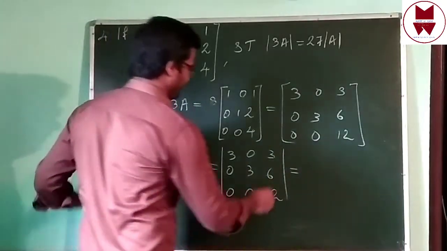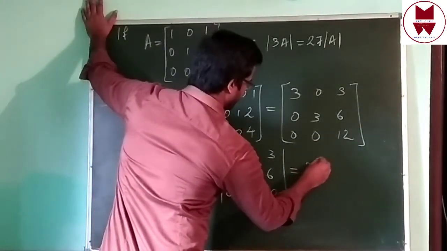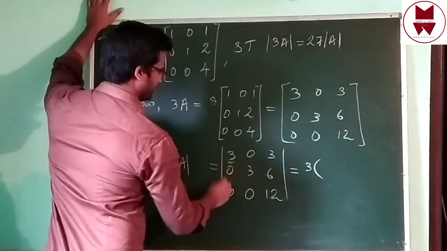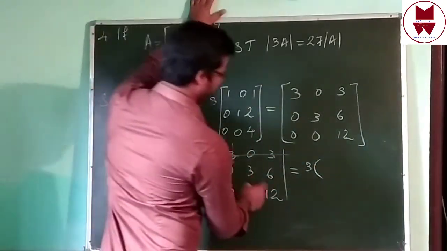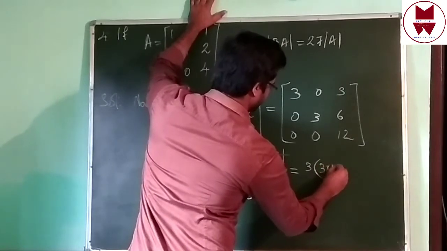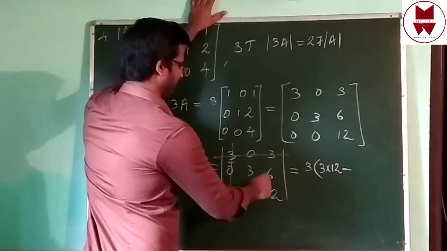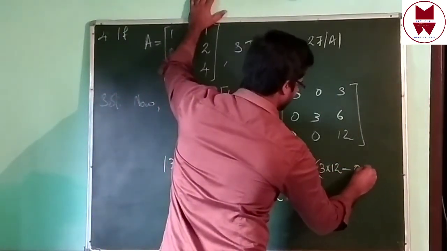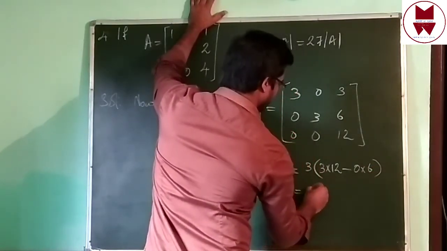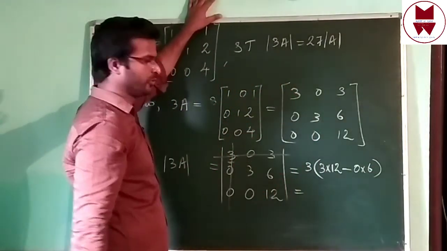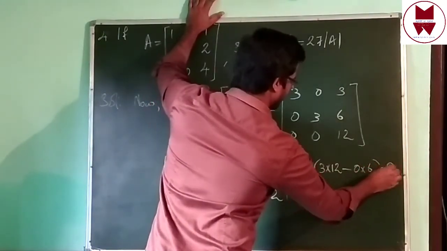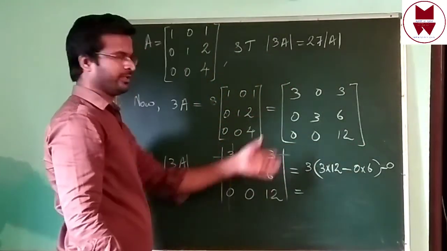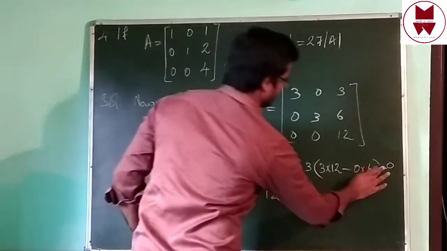First write 3 into this one. Leave the first row and first column. Then the remaining: 3 into 12 minus 0 into 6. The remaining part there is no need to do. If you do 0 minus 0, whatever you are doing, you will get 0, isn't it? No need to do that part.